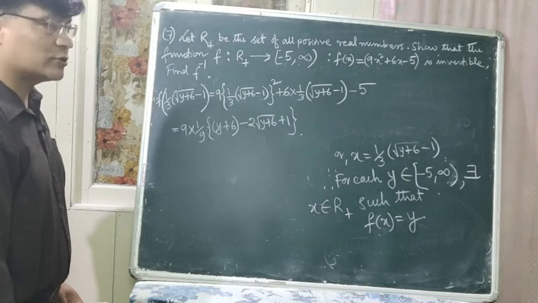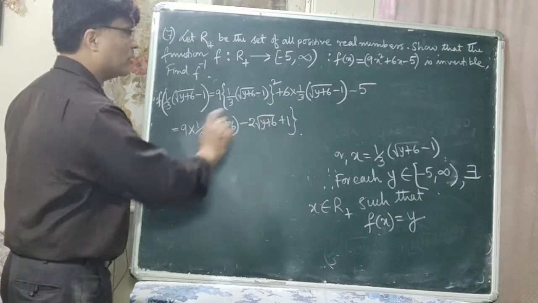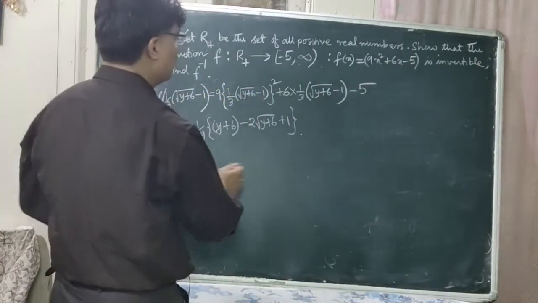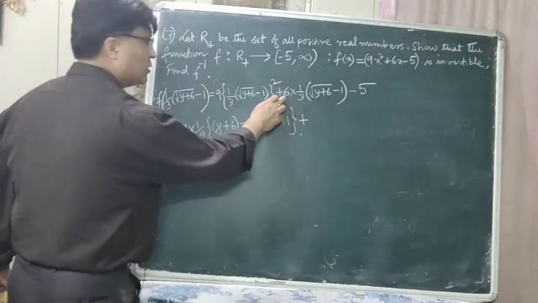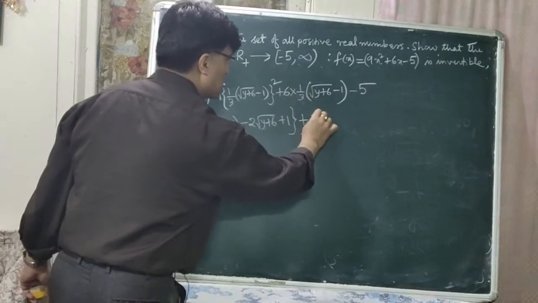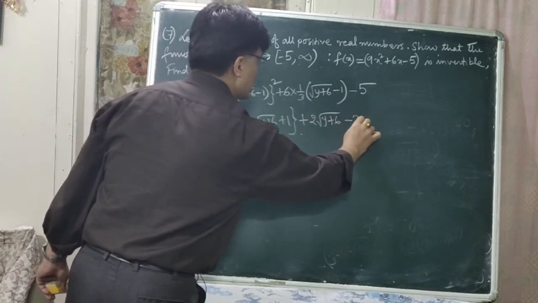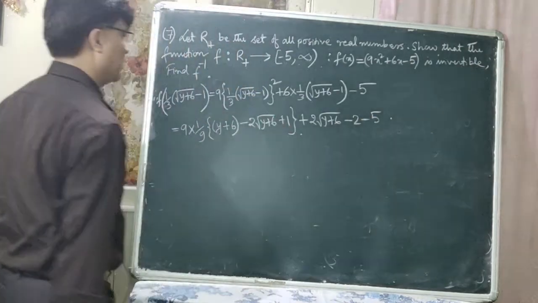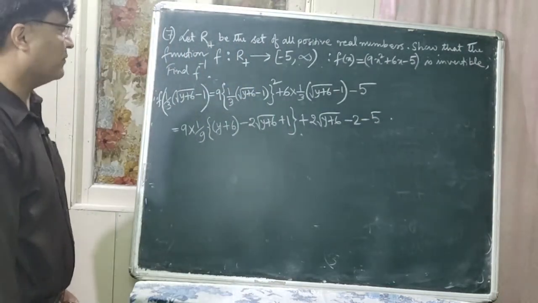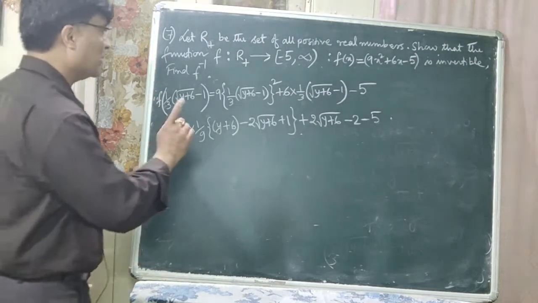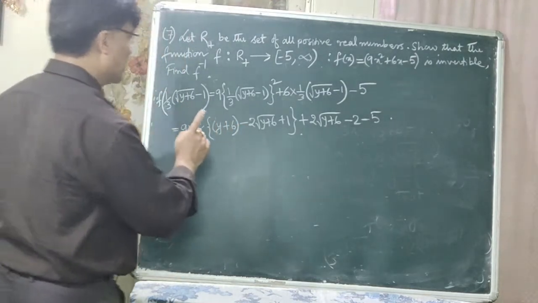So I think you have understood it. This is a square minus 2ab plus b whole square. Okay. So next, what will you do now? Plus, 3 2s are 6. Now multiply by 2 here. 2 root over y plus 6 minus 2 minus 5. Minus 2 minus 5. So I think you have understood it. Okay. So next, what will you do here now?